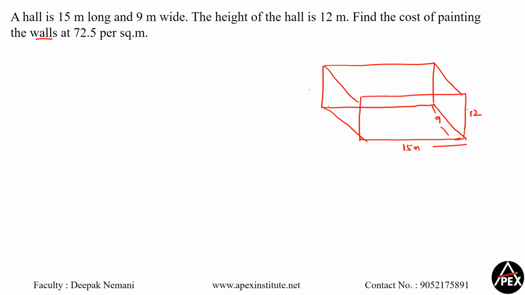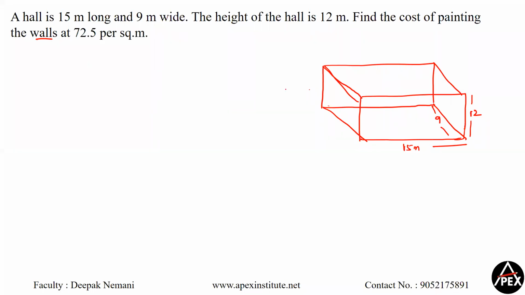We are given the 3 dimensions of the hall. Find the cost of painting the walls. So shall we include the ceiling also or not? No, we should not include the ceiling, isn't it? So what surface area should we consider? We should be considering the lateral surface area of this cuboid.